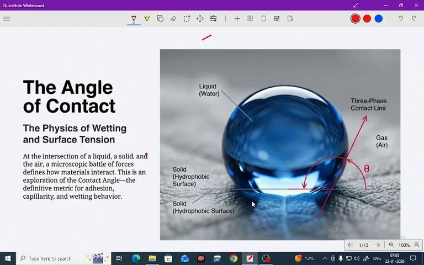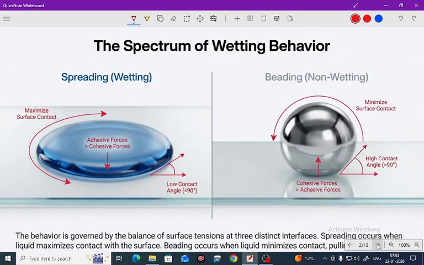The angle of contact has three metrics. One is adhesion, one is capillarity, and the third one is wetting behavior. So let us find out how to find the angle of contact. Here you see the spectrum of wetting behavior.